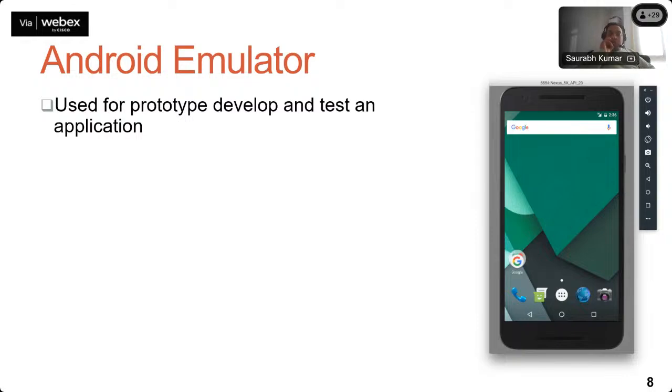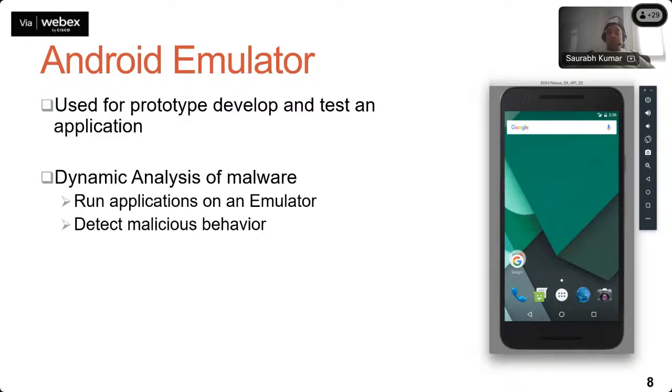If you have ever developed Android applications, just to test that they are compatible to run on different machines, or to test our prototypes, we use Android emulators. The same Android emulators are also utilized by analysts to analyze malware dynamically.